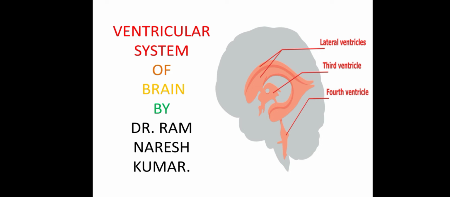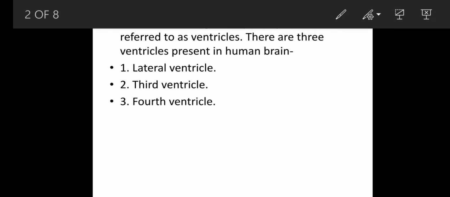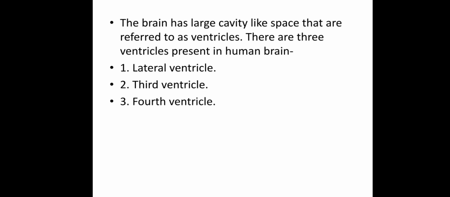The ventricular system of the brain is a system of large cavities, or spaces, situated inside the human brain, referred to as ventricles. There are three ventricles present in the human brain: lateral ventricle, third ventricle, and fourth ventricle.